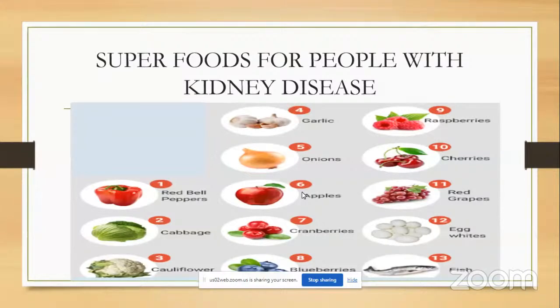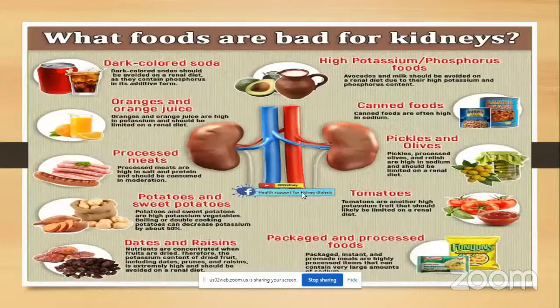There are certain foods which help patients with kidney disease. They mainly contain antioxidants like raspberries, garlic, onions, cherries, apples, red bell peppers, and cabbage. And there are certain foods which should be avoided, which are also not good for maintaining a healthy lifestyle, like dark colored soda, pickles, olives, canned foods, excessive use of tomatoes and potatoes, and processed meats.